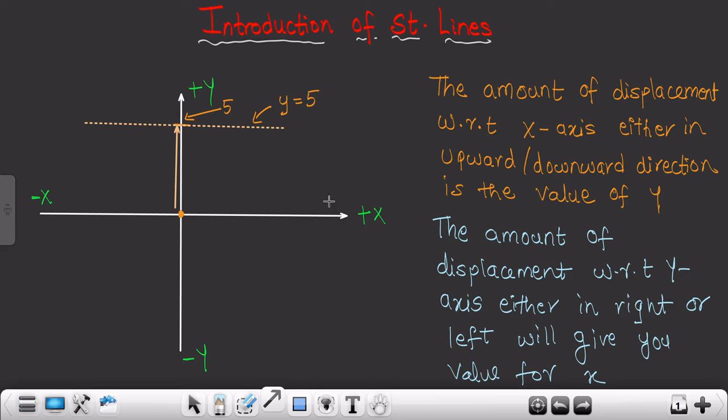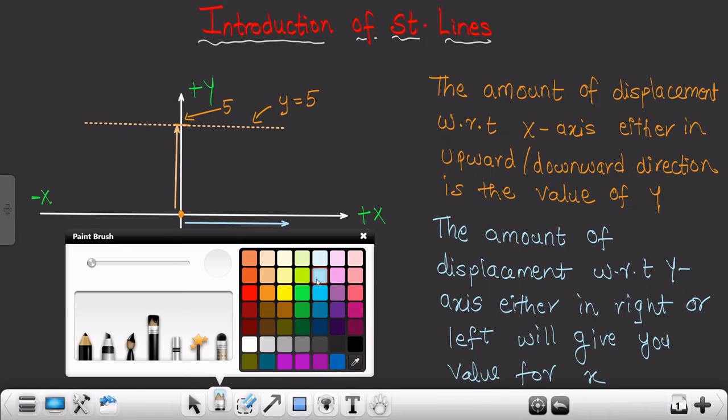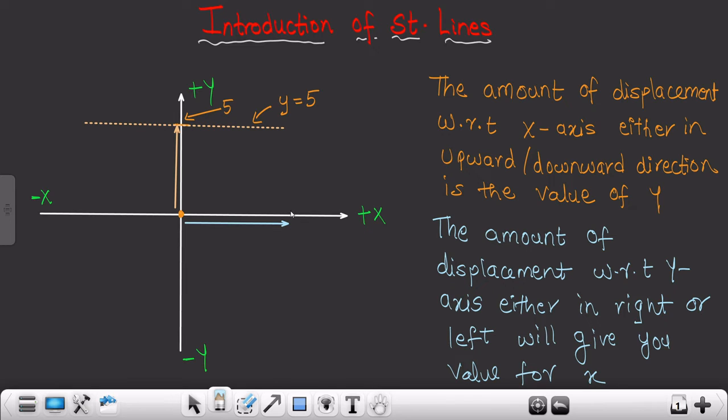Now what this particular line tries to tell you, the amount of displacement. Let's suppose I was at this particular point and now I'm moving over here. Let's suppose I had moved up till here, and this particular point is 5 units, or 5 meters in general for your understanding. That means the amount of displacement with respect to the y-axis.